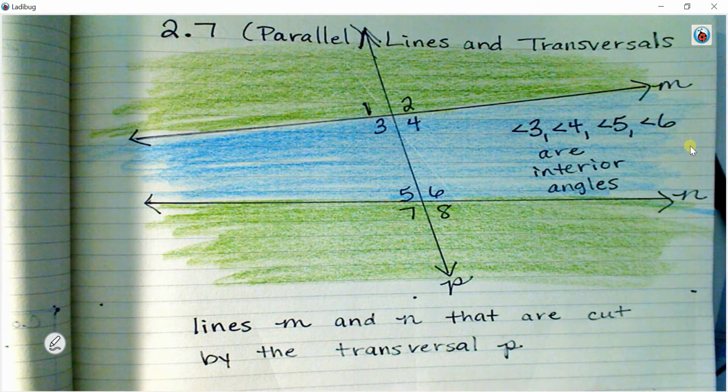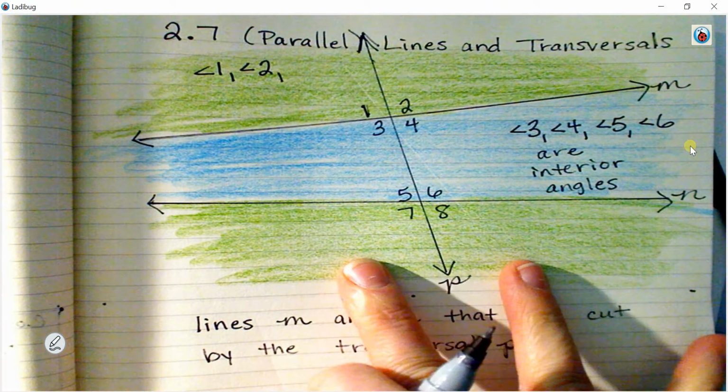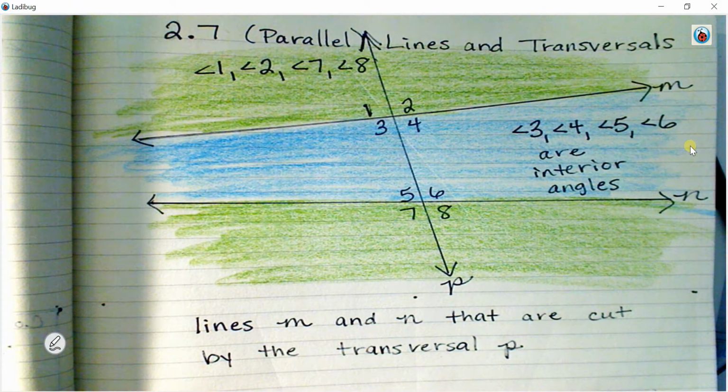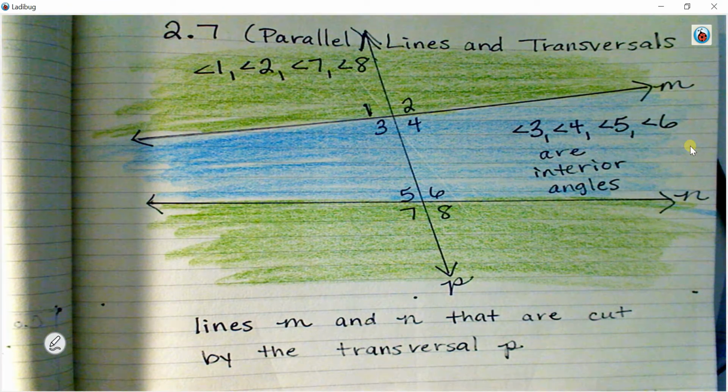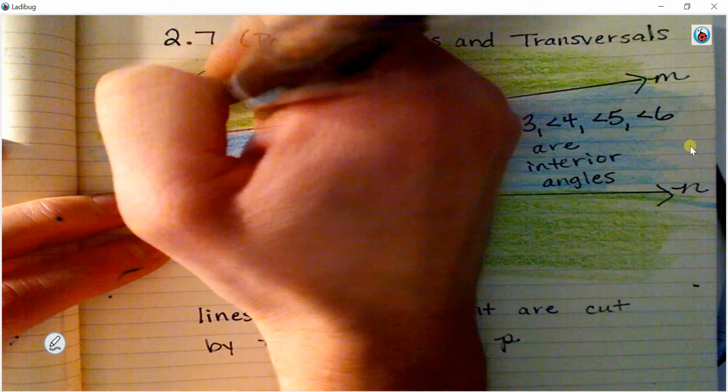They're inside my lines. Then in green, we have angle 1, angle 2, and down here at the bottom, angle 7 and angle 8 that are outside my lines. So we say those are exterior angles.